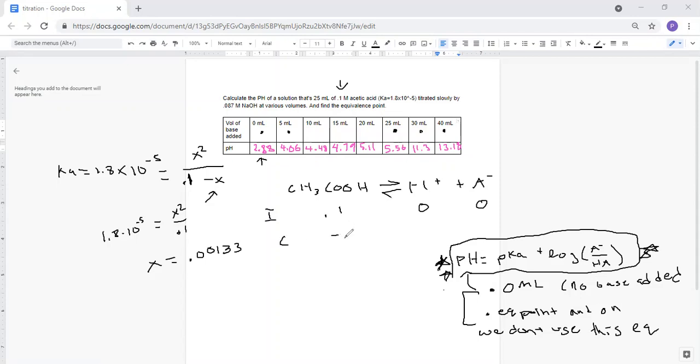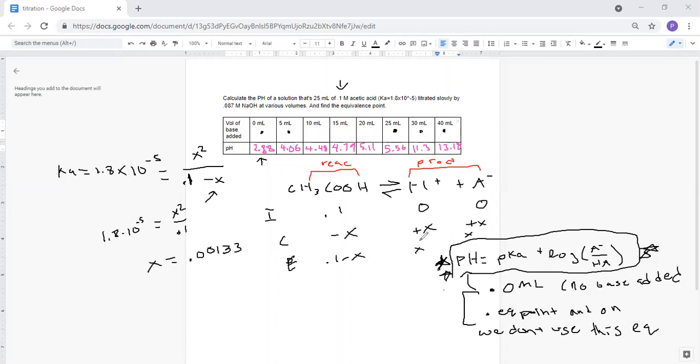We're going to lose some, and that's going to let us gain the A minus and H plus. And then at equilibrium, we're going to see our final amounts, 0.1 minus X and X. You know that Ka is products over reactants, so these were our products, these were our reactants.